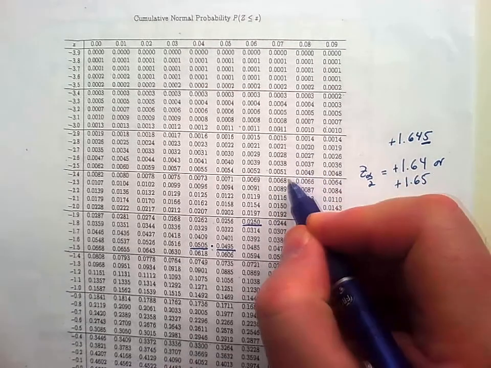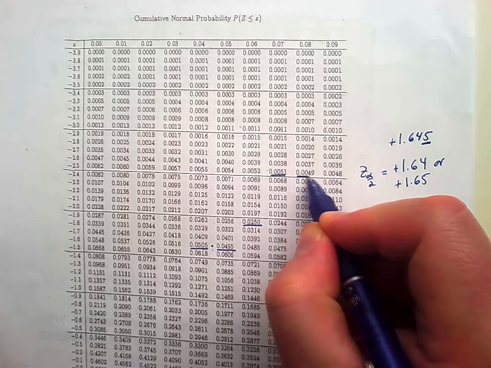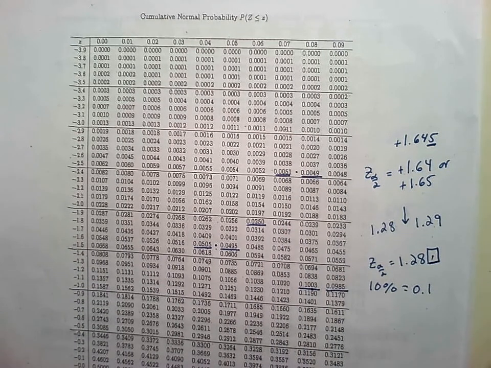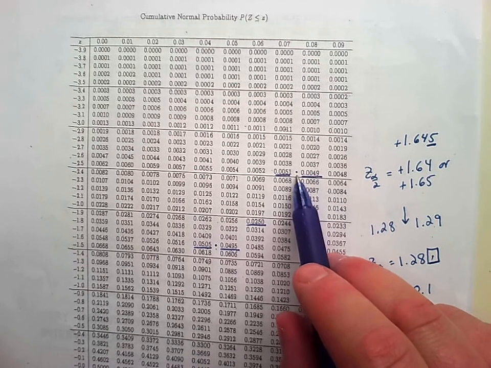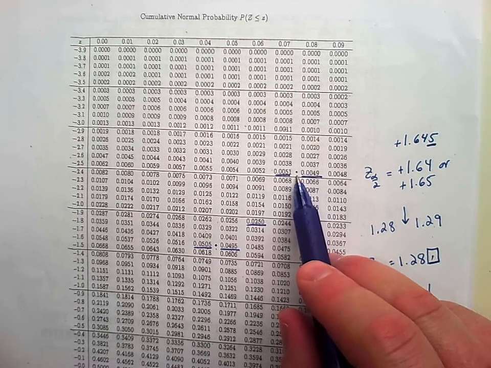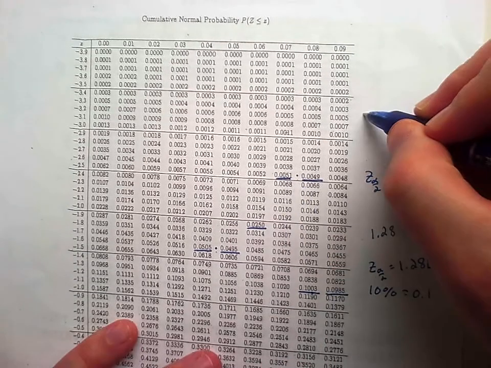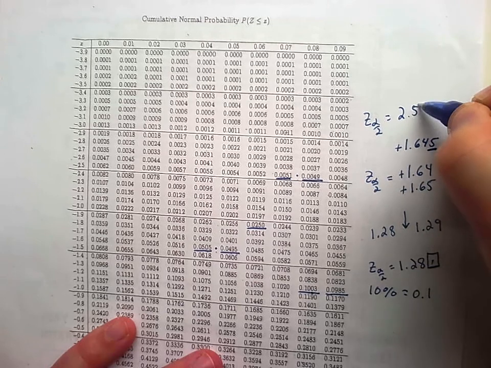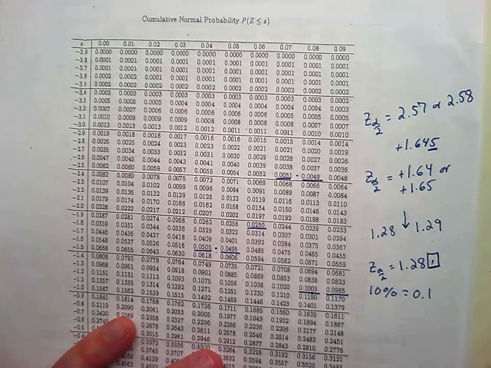You can see here that negative 2.57 and negative 2.58 are equidistant away from 0.005, using this table. So again, you could use a z sub alpha divided by 2 of either 2.57 or 2.58.